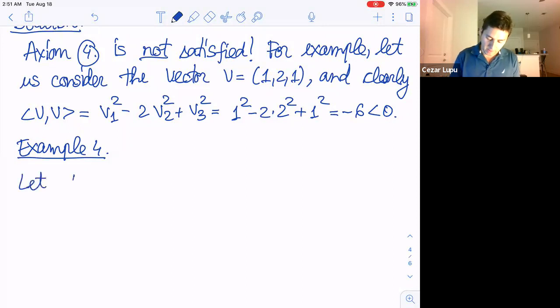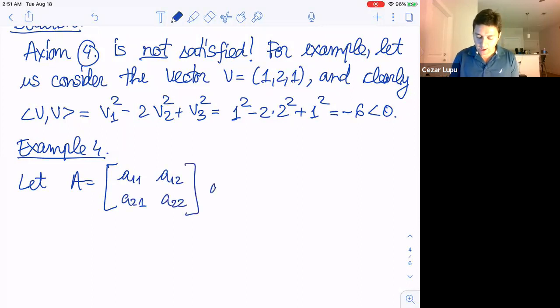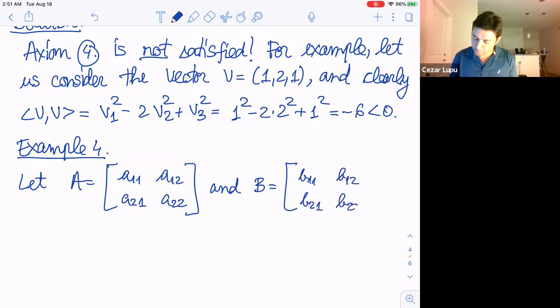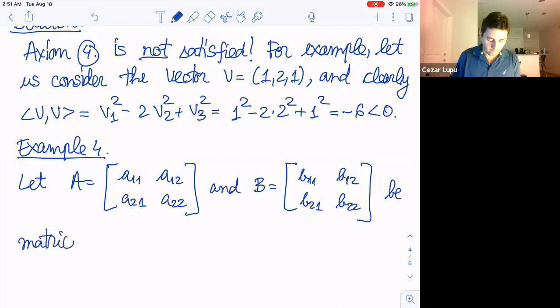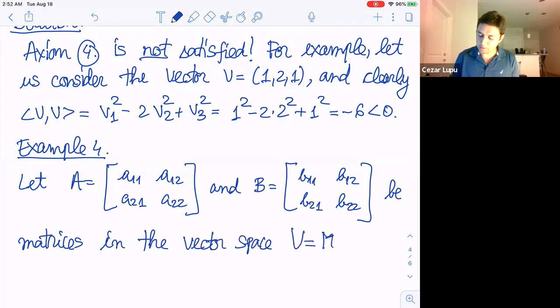Let me consider the matrix A, a 2 by 2, and I'm just going to write the entries A11, A12, A21, A22. And the matrix B, we'll denote by B11, B12, B21, B22. These are matrices in the vector space.